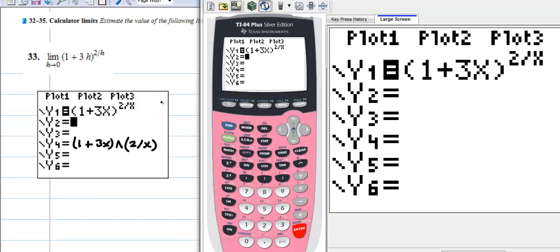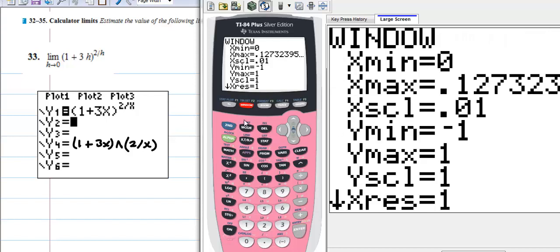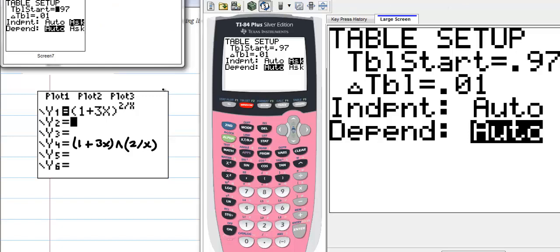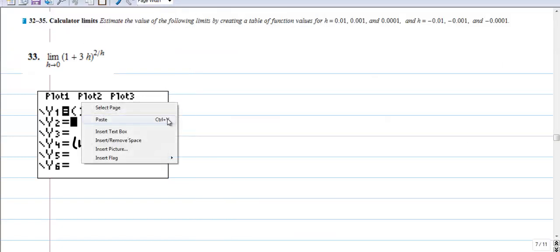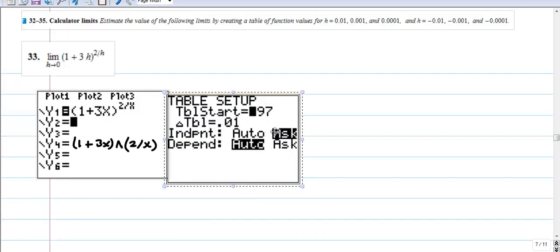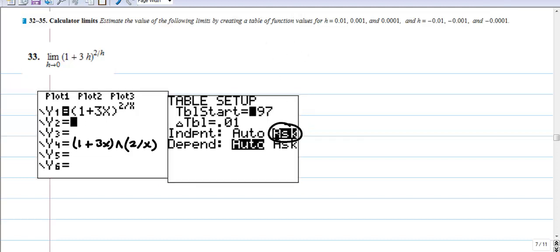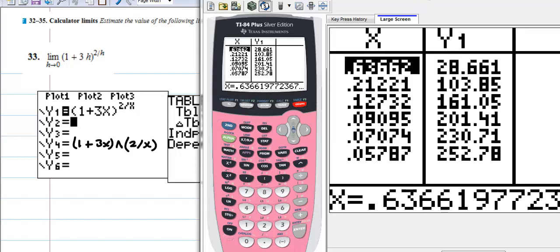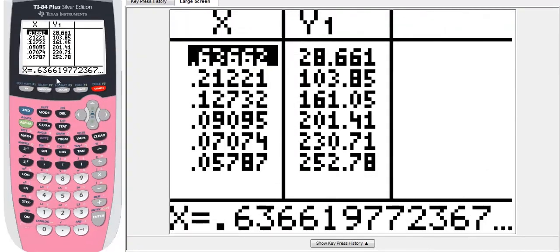And then we've already got our table setting to be on ask. So I just want to make sure that's in here so people know it's on ask. And then I'm going to go straight into my table. And I'm going to ask it for those values.